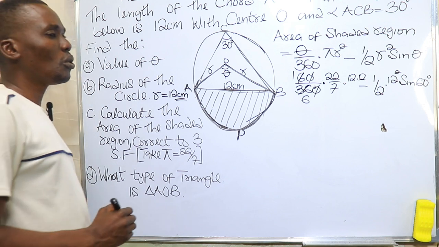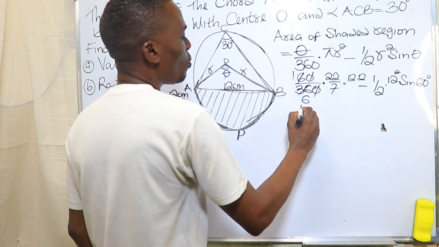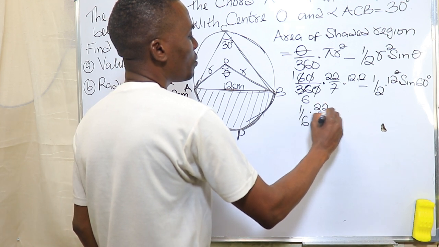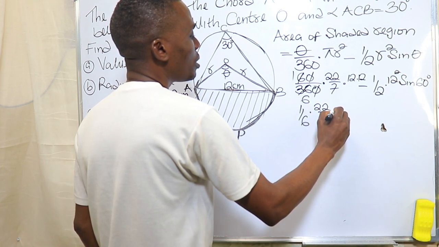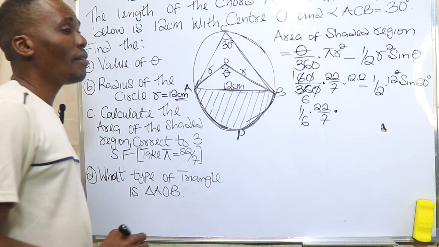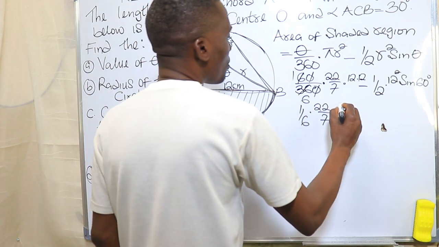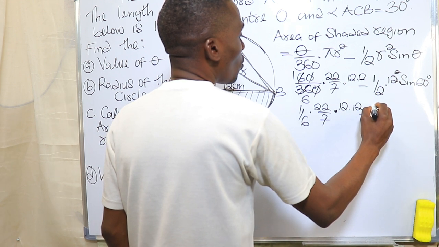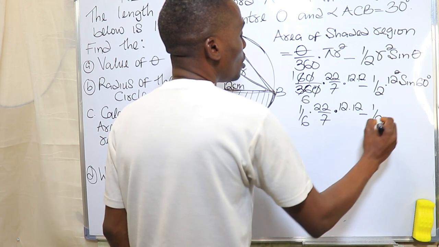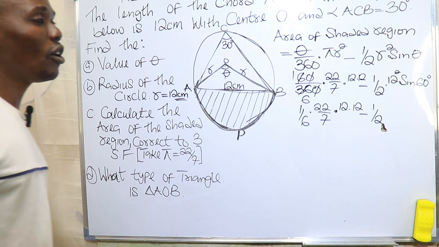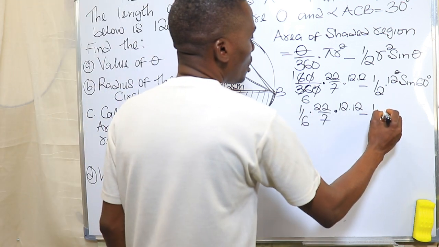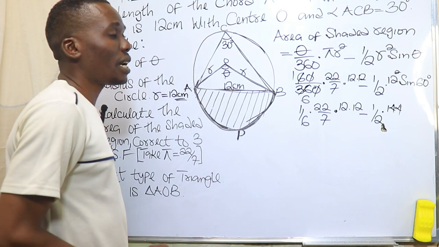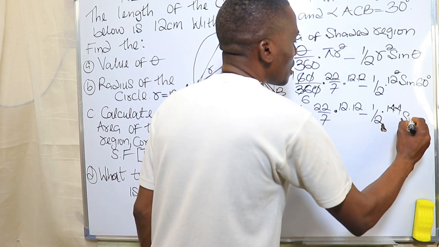So that is going to go, and then this becomes 1 divided by 6 multiplied by 22 divided by 7 multiplied by 12 multiplied by 12, minus 1 divided by 2. The 2 can clear off one of those. This is multiplied by 144, and then we have sine 60.